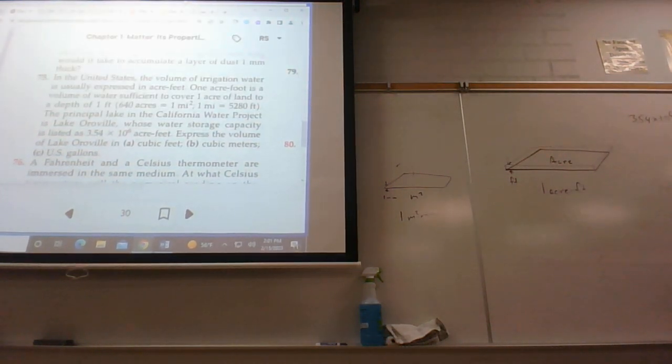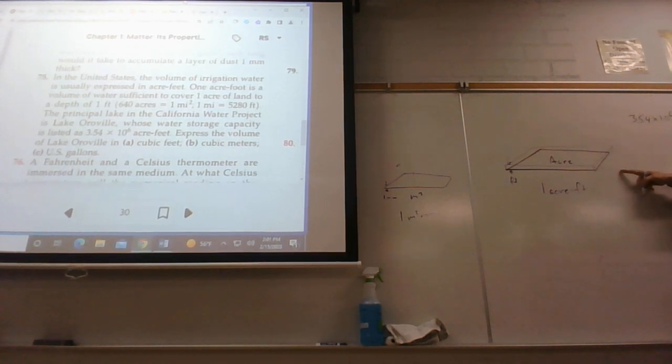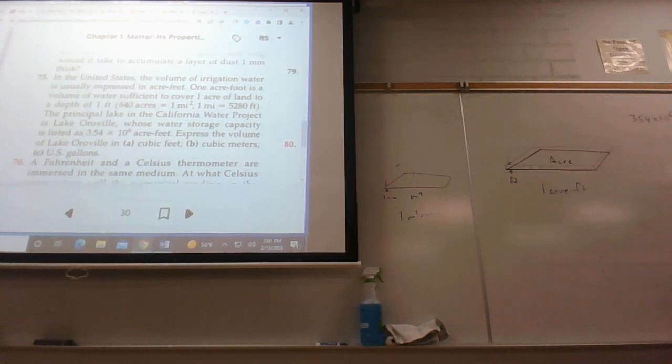So we have the height in feet. If we can get the area in square feet, then we're good for this one. So we'll do part A here. We want to leave the feet in there, but we want to get rid of the acre. How can we get rid of acres? 1 square mile is equivalent to 640 acres. How many sig figs is this?